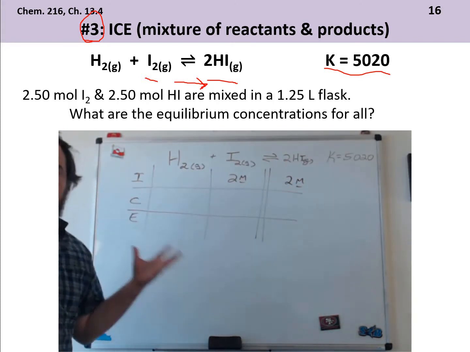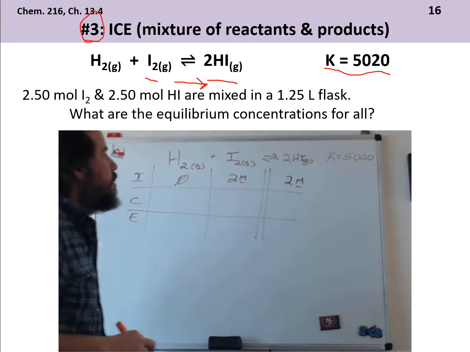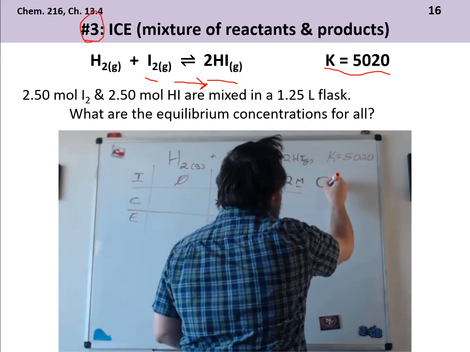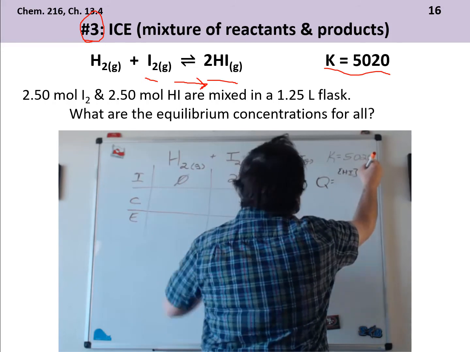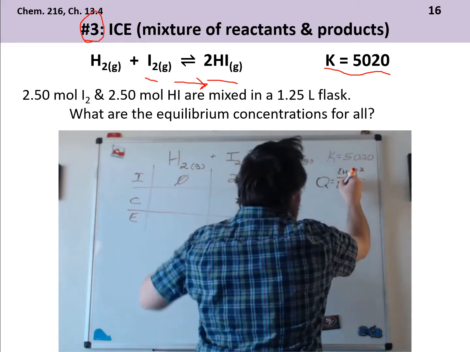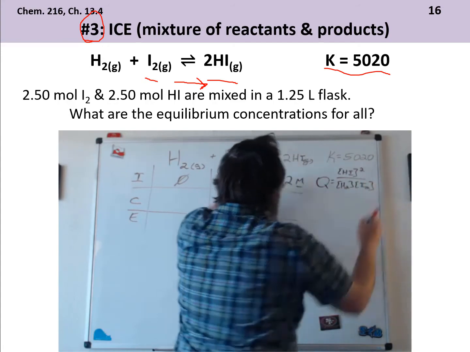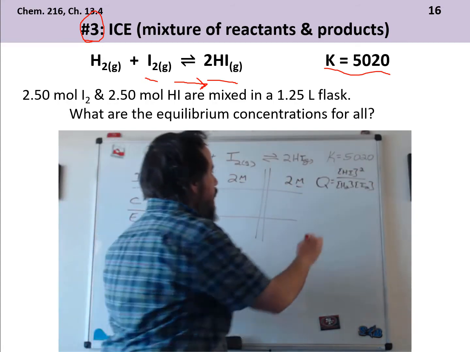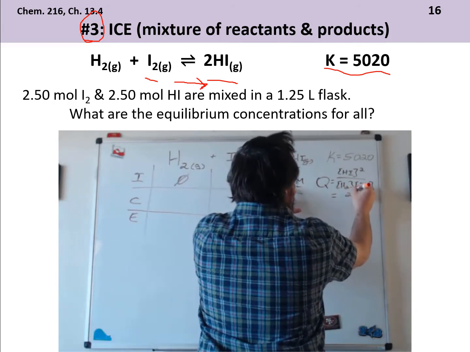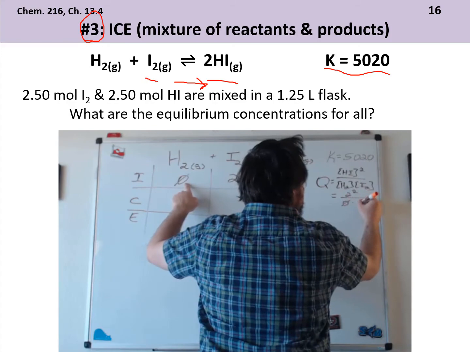And then notice it doesn't mention H2, so it's 0 here. Okay, so my Q is going to be HI squared over H2 times I2. The 2 there means this is squared. Okay, so when I do this, I can plug in, I have 2 squared over 0 times 2.